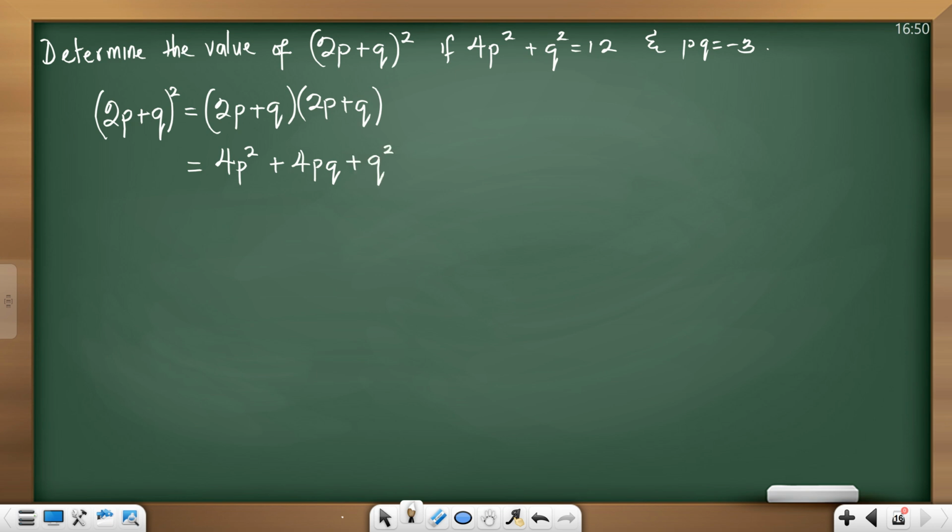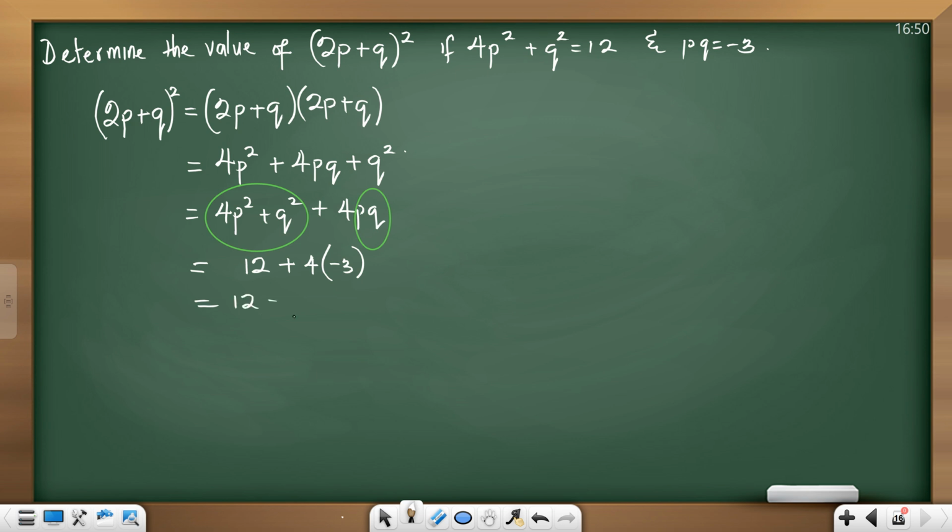And q squared. But what are we given? We are given 4p squared plus q squared. I'm just rearranging because I have what this is and I have what that is. What is 4p squared plus q squared? That's 12. And what is 4pq?